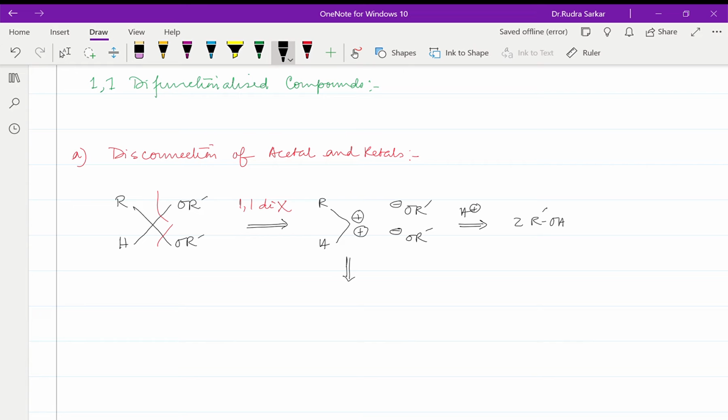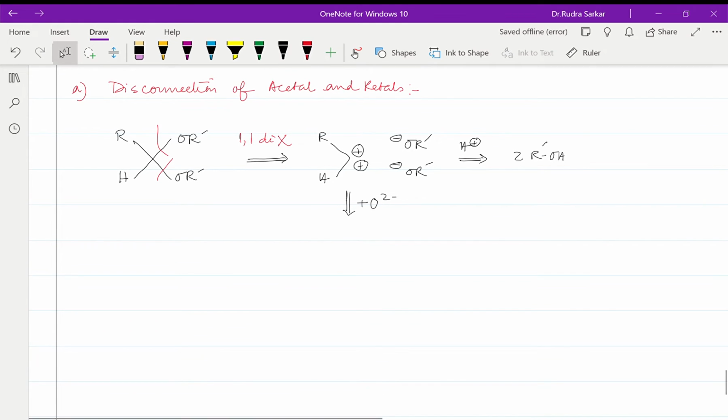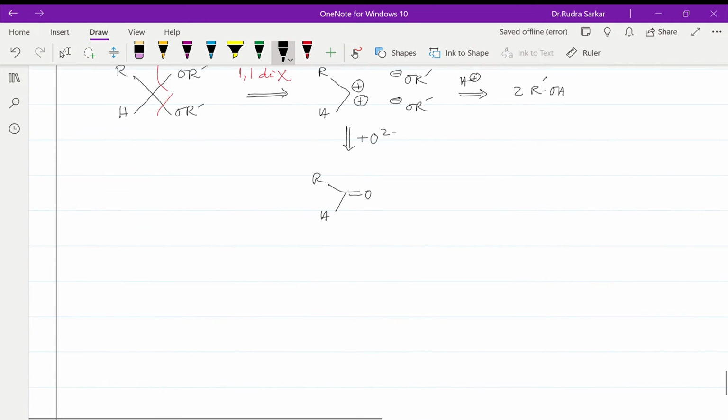Similarly, to generate the reagent over here we will add the oxide O2 minus and that will give us our corresponding aldehyde.